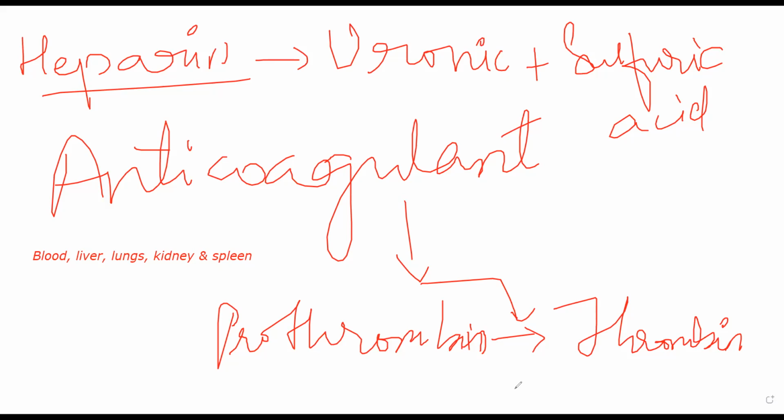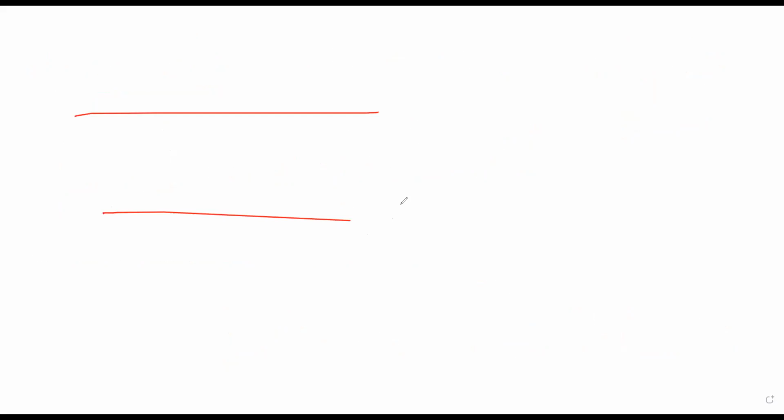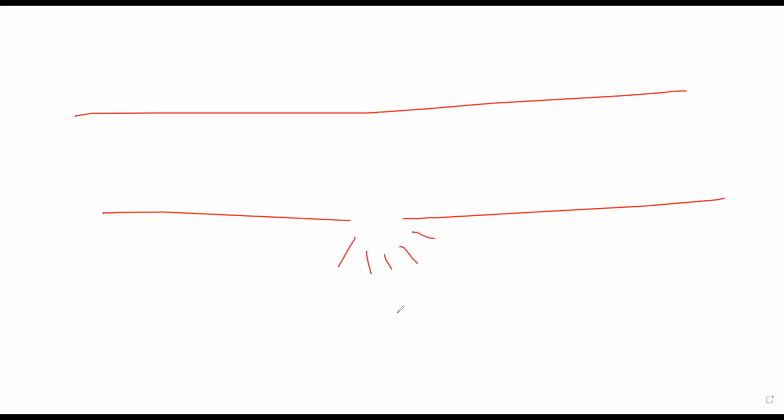Let us suppose your blood vessel is like this, and this is the hole being formed. Blood was coming out of this hole because of injury. Your platelets will come and block it in such a way that the bleeding is stopped.